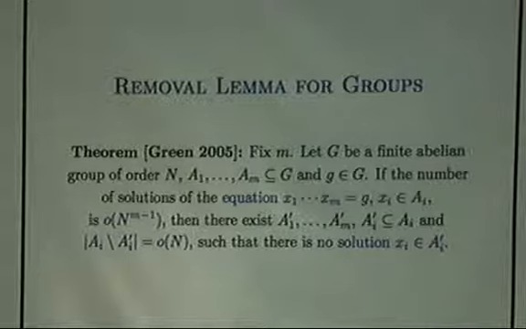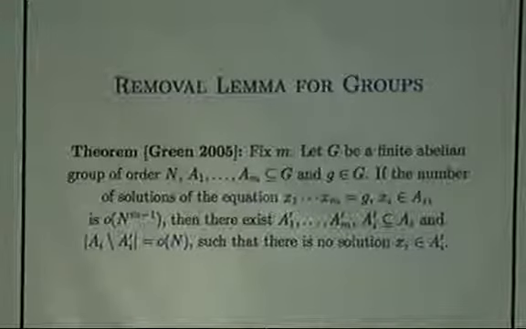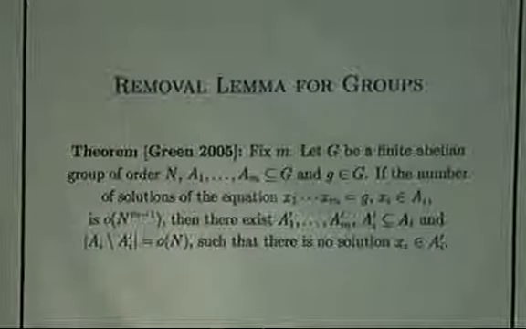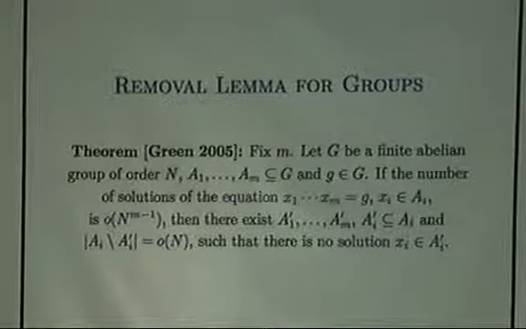So before, if you recall the statement for graphs, the removal lemma was saying, if you have few triangles, you can remove few edges and there will be no triangle left. The removal lemma for groups says, if you have few solutions of your equation, you can remove few elements from each of the sets that restrict the variables, and there will be no solution left.